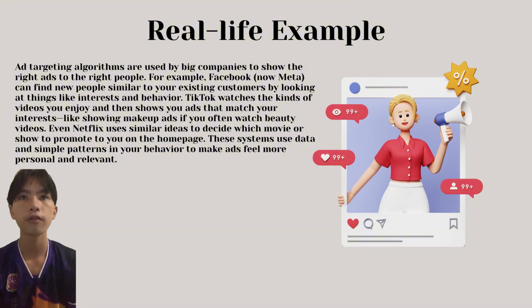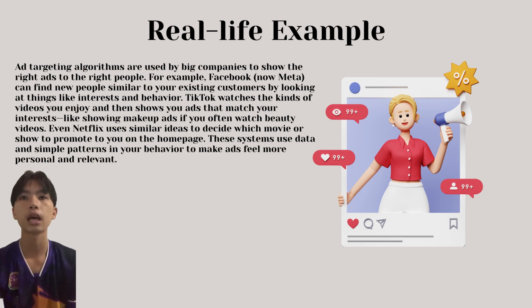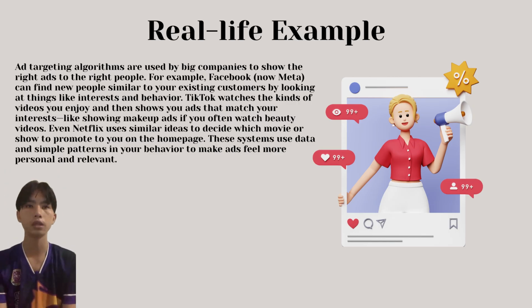TikTok watches the kinds of videos you enjoy and then shows you ads that match your interests, like showing makeup if you often watch beauty videos. Even Netflix uses similar ideas to decide which movie or show to promote for you on the homepage. This system uses data and simple patterns in your behavior to make ads feel more personal and relevant.